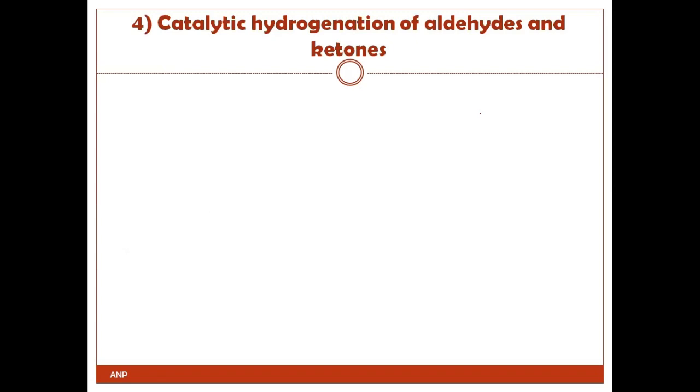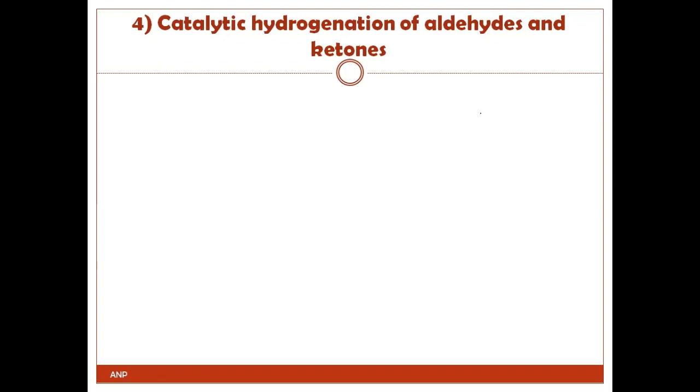Next method is catalytic hydrogenation of aldehydes as well as ketones. Both are carbonyl compounds. Aldehydes and ketones can be reduced with hydrogen in presence of nickel as a catalyst or aluminum hydride to form the corresponding alcohols.